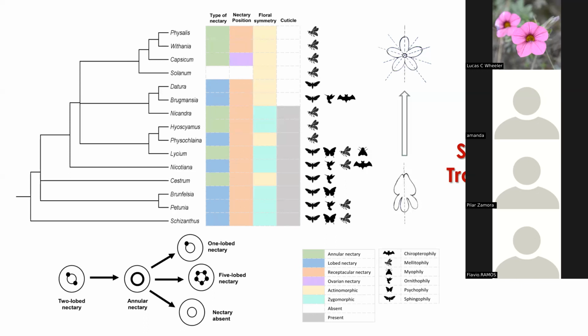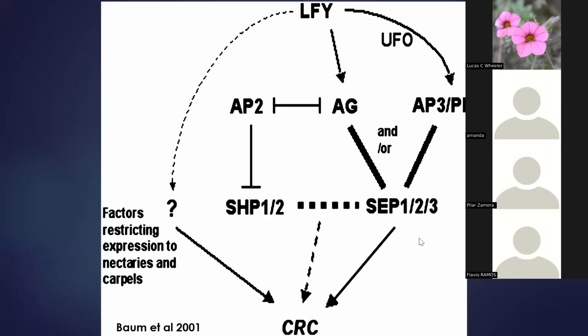What I know from the molecular background is a study by Baum et al. 2001, where they explained that CRABS CLAW is a gene responsible for nectary formation across core eudicots. This creates the nectary which is associated with the gynoecium. CRC, CRABS CLAW, is present as a single copy in most of the families.